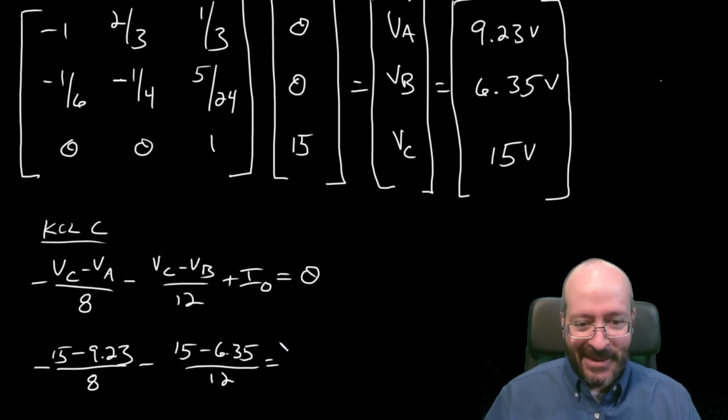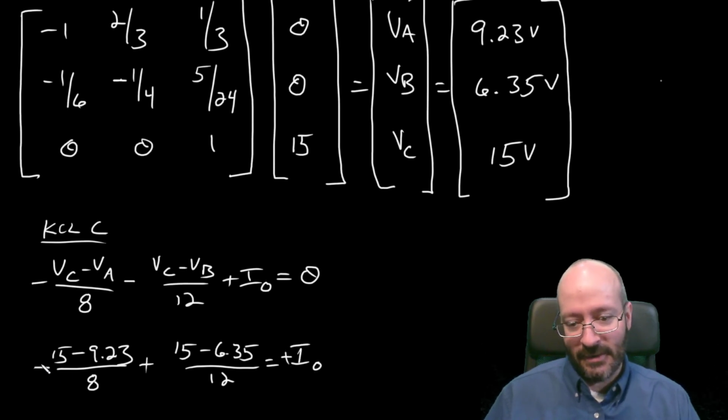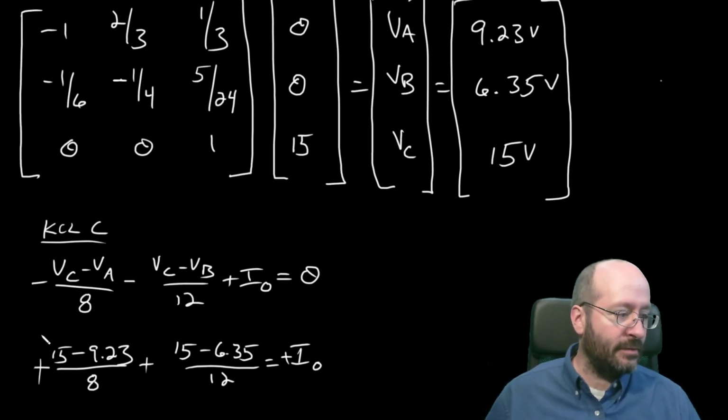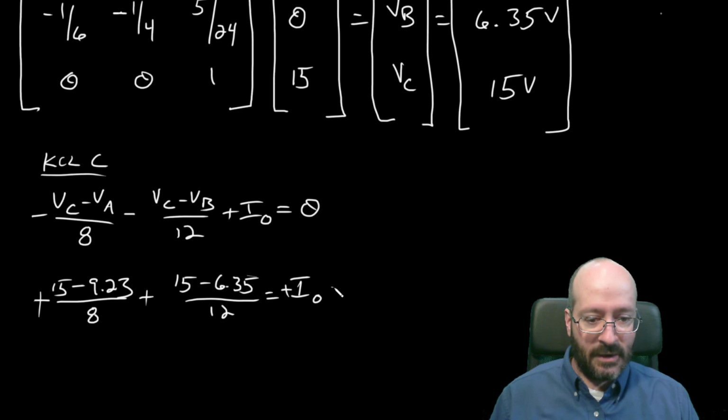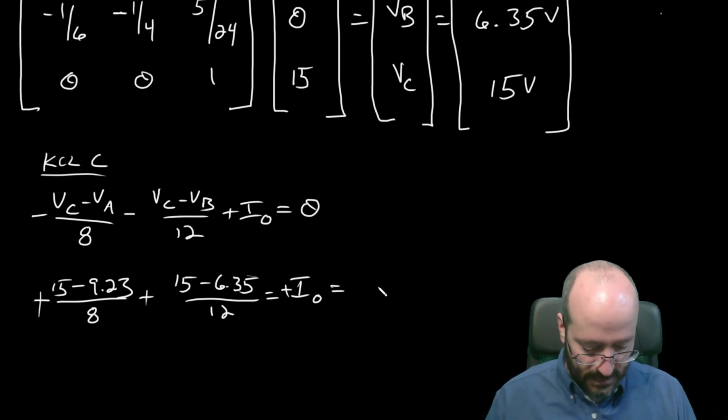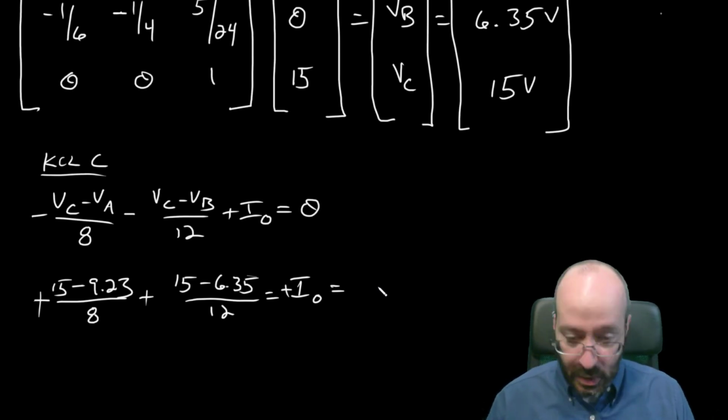And we can move that I out over, and it's going to be negative. But if I multiply left and right, everything becomes positive. Okay, so we just have a little bit of arithmetic to do to figure out what I out is. 15 minus 9.23 divided by 8 gives me like 0.72-ish.